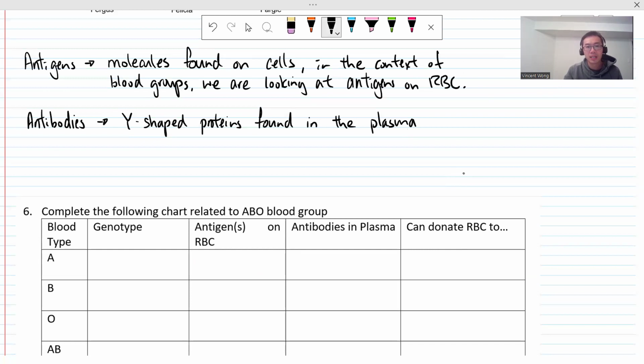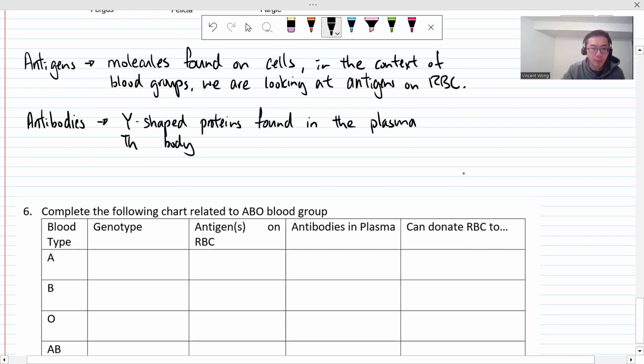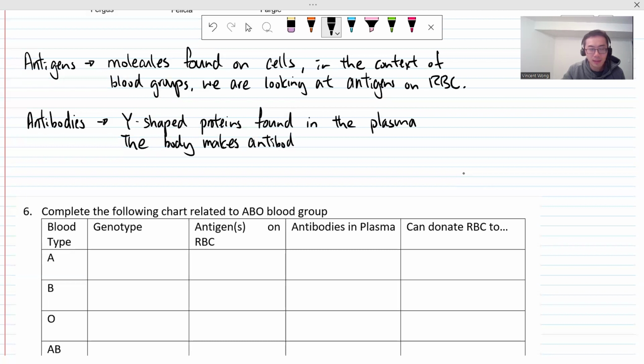Y-shaped proteins found in plasma, and your body, or you can say the body, makes antibodies to target foreign antigens.